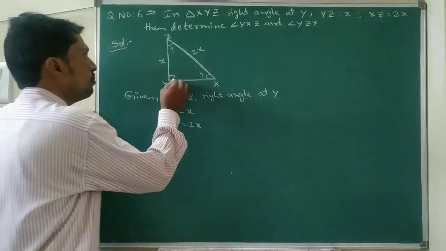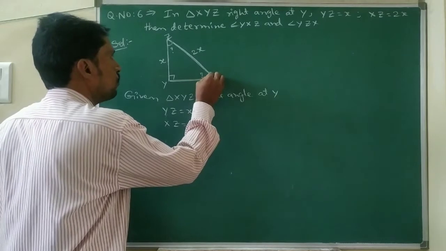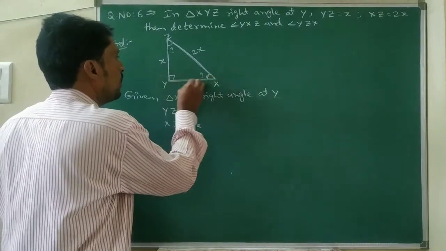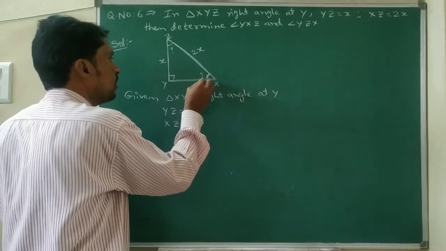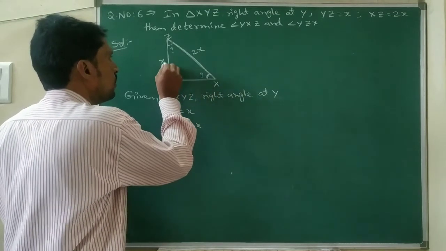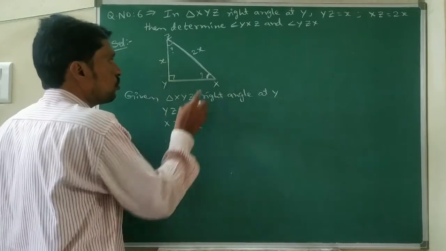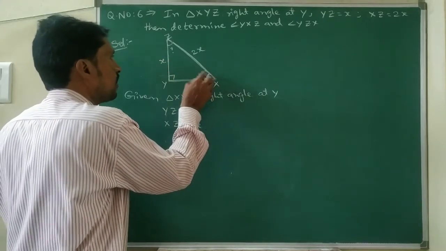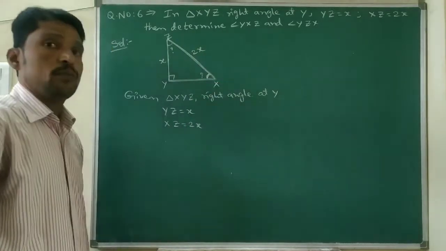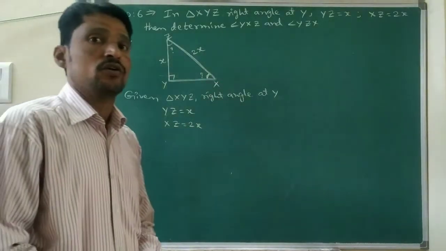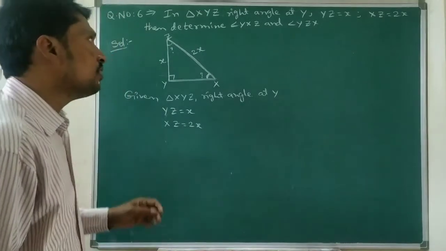So first I need to find angle YXZ. YXZ means this is the angle. So what we have to say, this is the opposite side and this is the hypotenuse. Opposite and hypotenuse, what is the trigonometric ratio? That is sine.